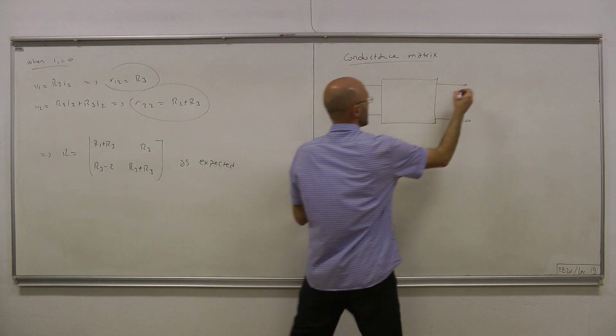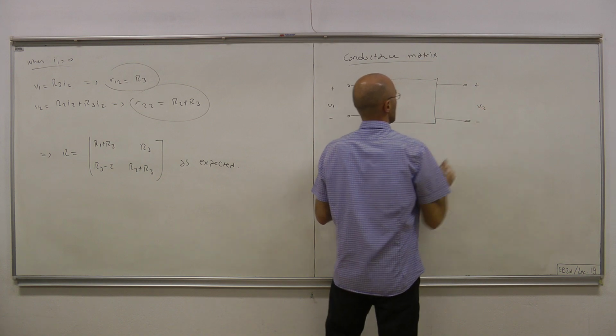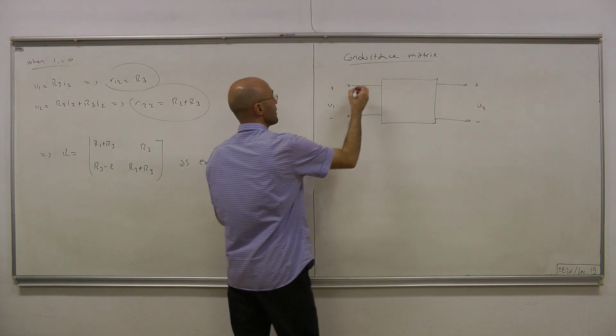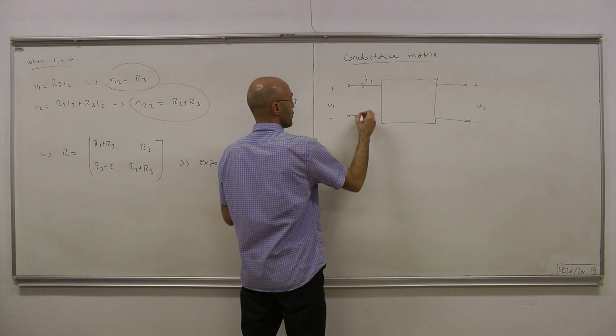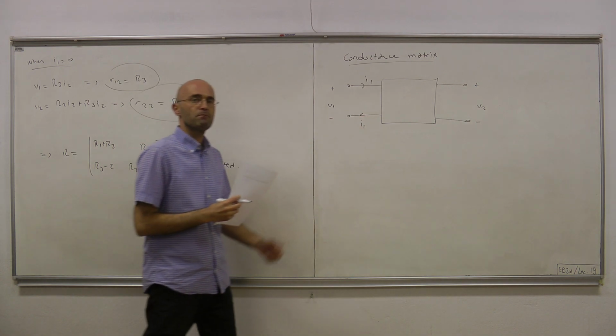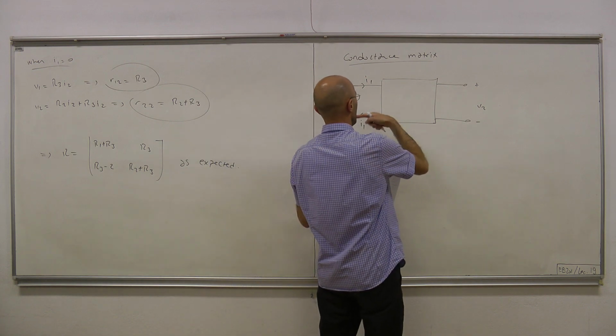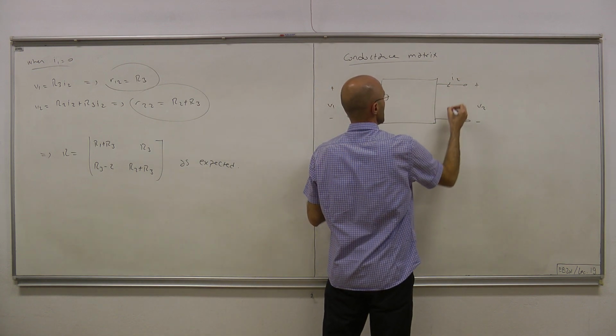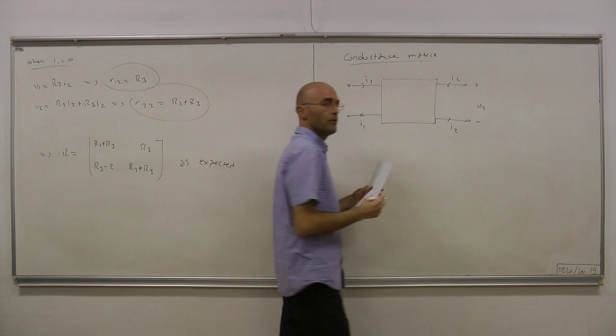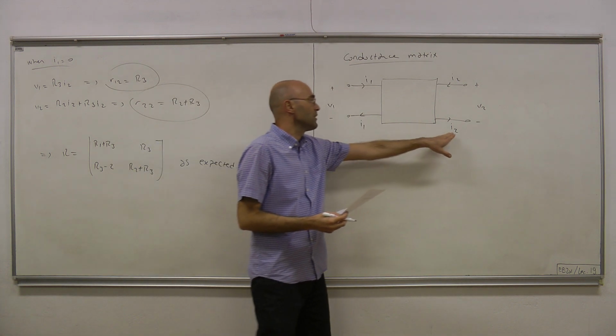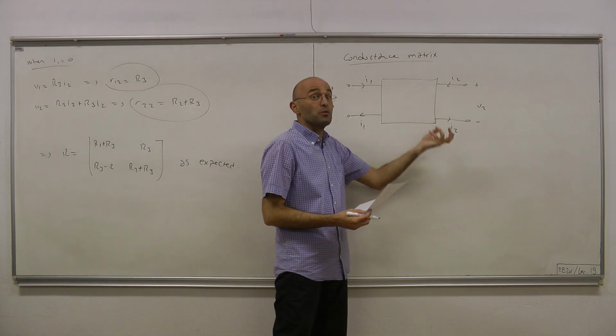This is the labeling. Voltage V1 and V2. This is the current I1. Port condition says that this must be the current going in the other direction. Likewise, this is I2 and this must be I2. Okay, well, not must be, but that's what we're assuming.